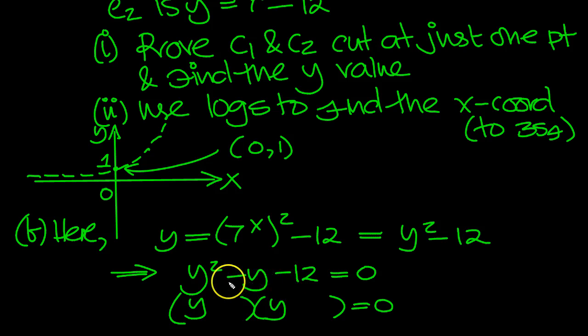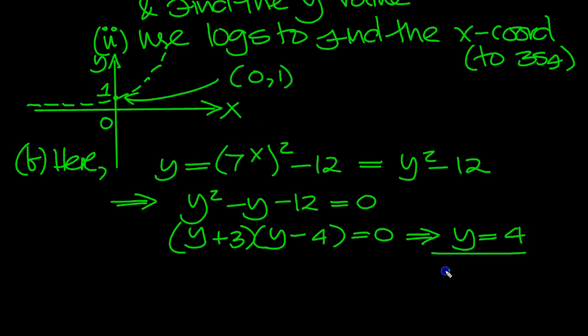Y equals 4 and 3. This will be a minus, this will be a plus, because that's a minus, isn't it? So y squared, minus 4 plus 3 is minus y, plus times a minus is a minus, 3 fours are 12. So that implies the y values are all positive, so the only value that's relevant here is y equals 4.